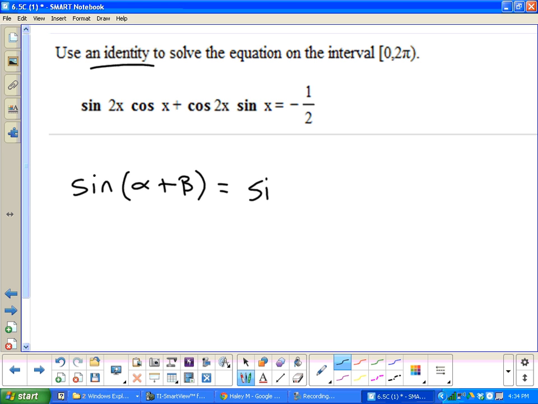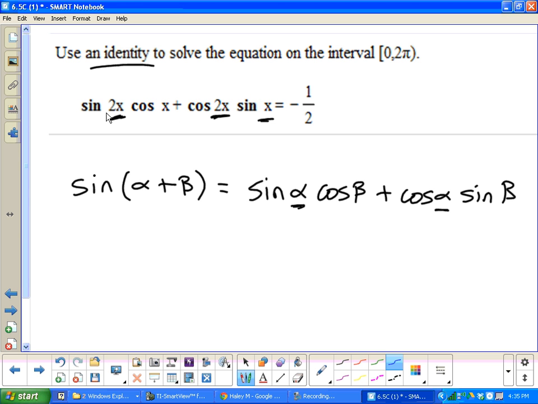So recall that this is sine alpha times cosine beta plus cosine alpha times sine beta. And so what we have here is that the alpha is the 2x, see, sine alpha, cosine alpha, and that the x is the beta.